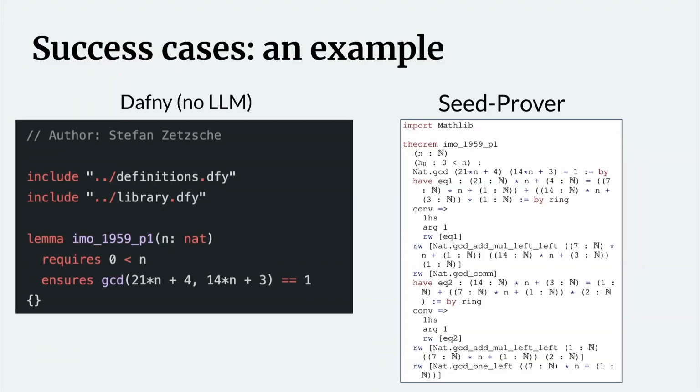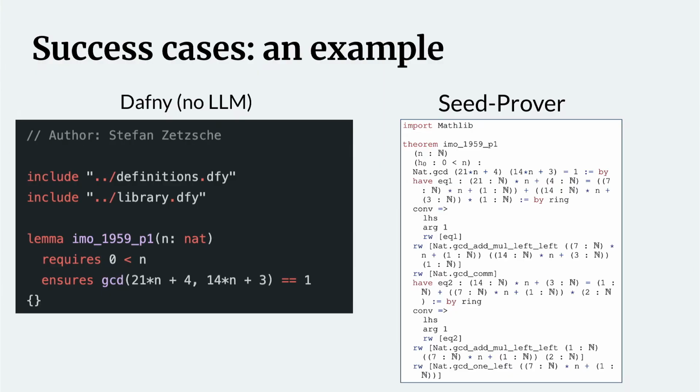And a particular success case that we were very inspired by and just in general interested in was IMO 1959 problem 1. This famous problem is known to be one of the easiest IMO problems because it's one of the first IMOs ever held.